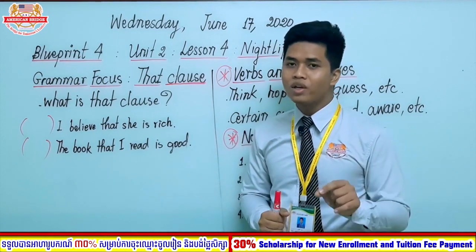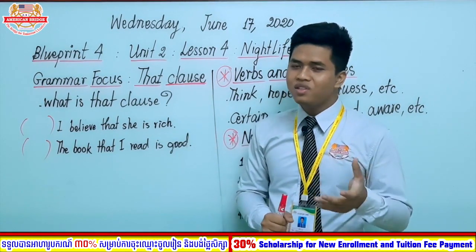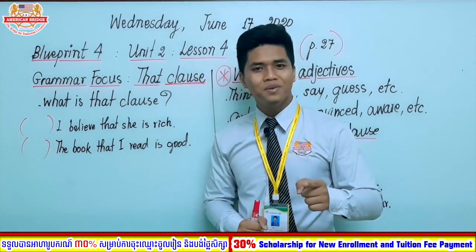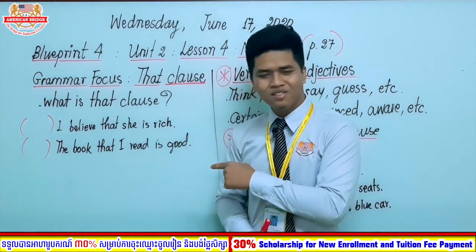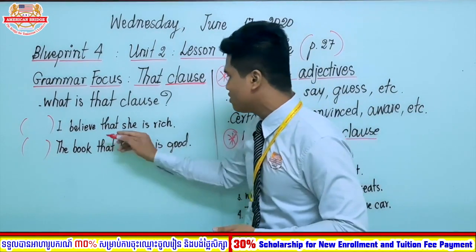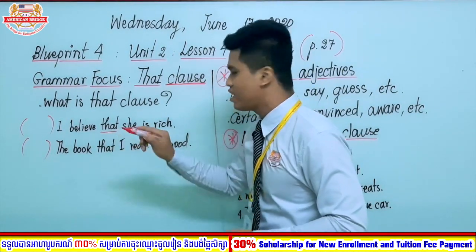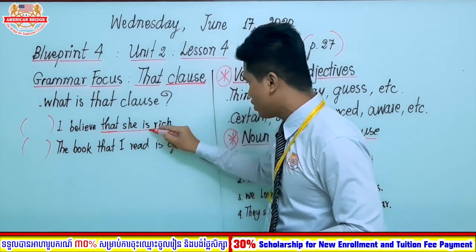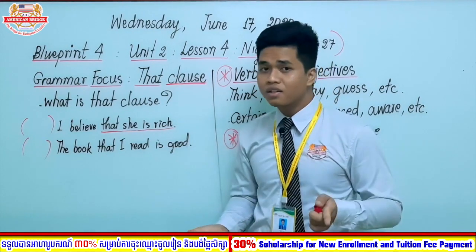I have two examples. Can you see the that clause in the sentence? Everyone, can you find that clause? Sure, it's very easy. Here is the word that, and we have a subject and we have a verb. So these are that clauses.